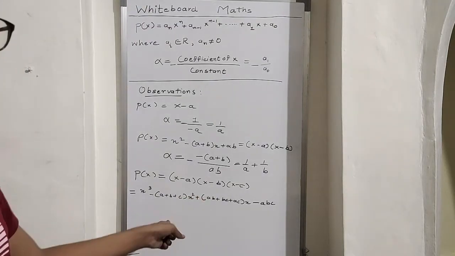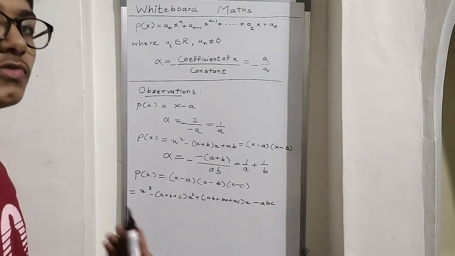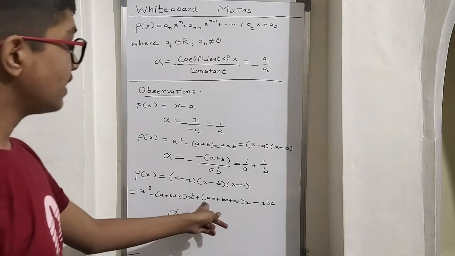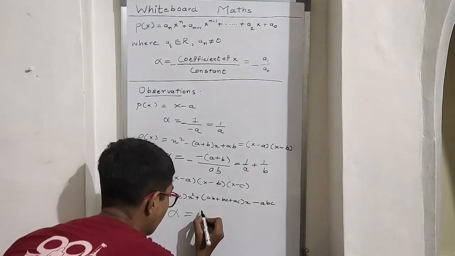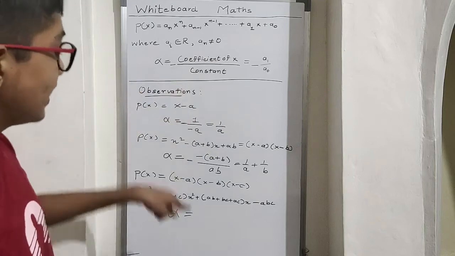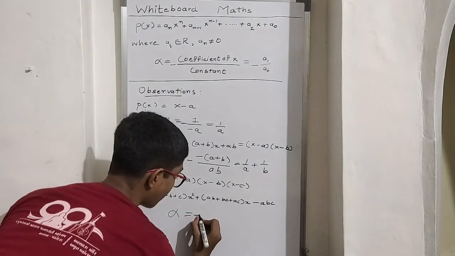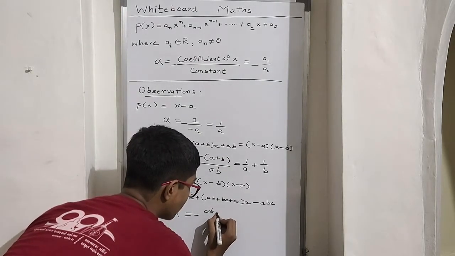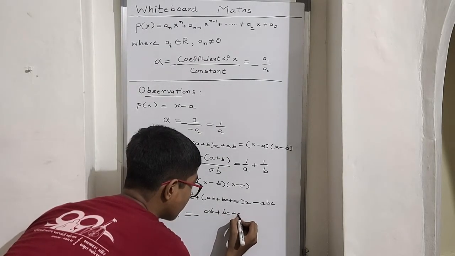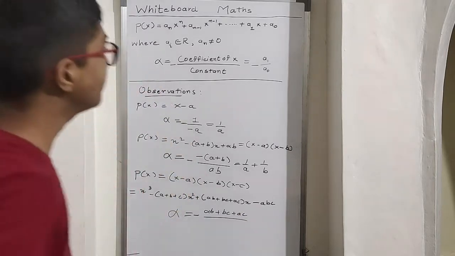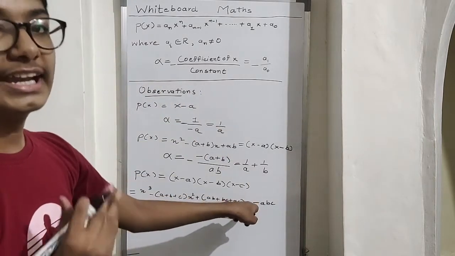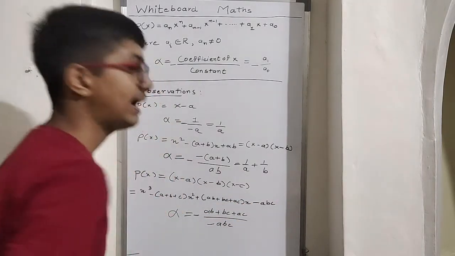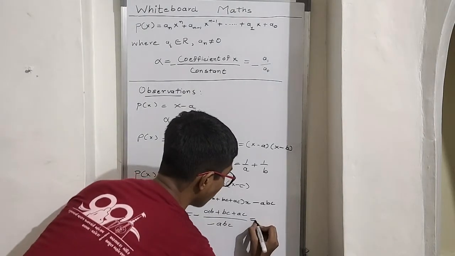In this case we check the value of alpha. First of all we put the negative as same and the coefficient of x, which is this, divided by the constant term, which is negative abc, and this all will simplify to this.